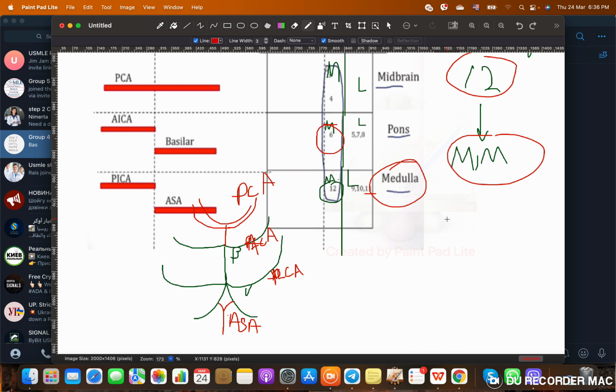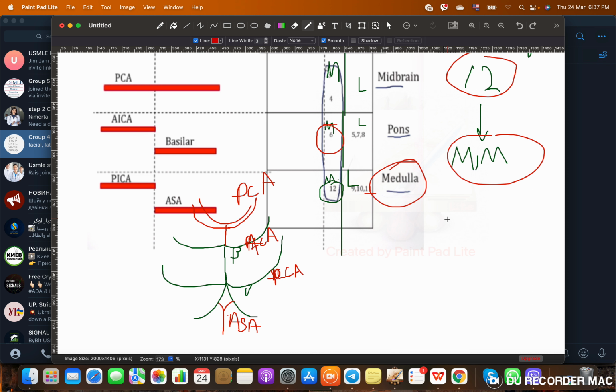I repeat the question. The patient has loss of motor movement of the right side of his face. So it's going to be facial, lateral pons. So it's going to be AICA. Excellent answer. Good job.